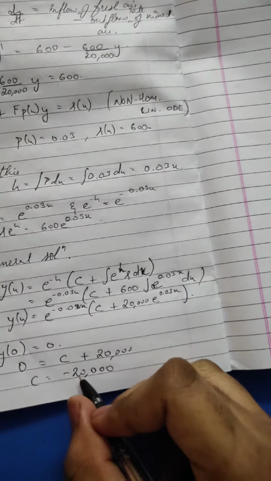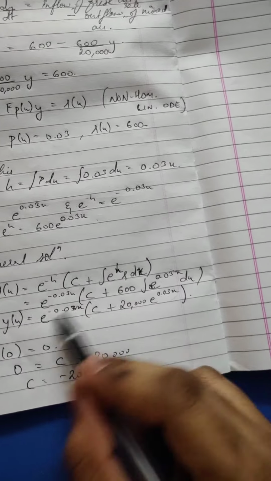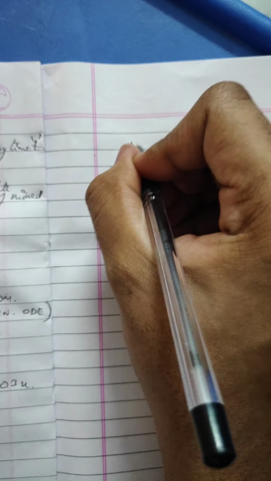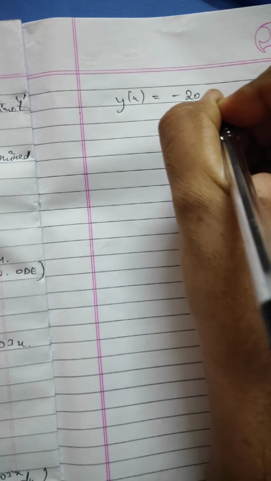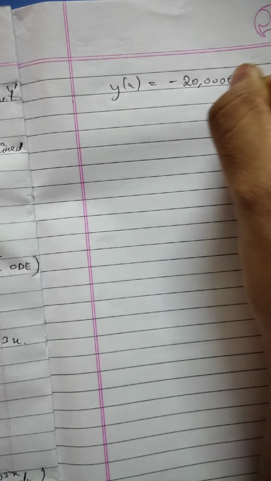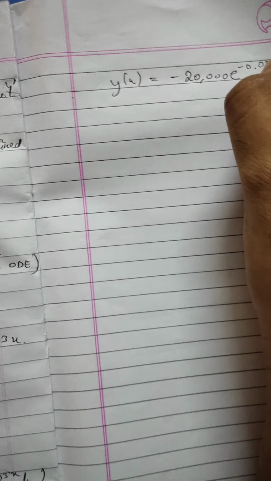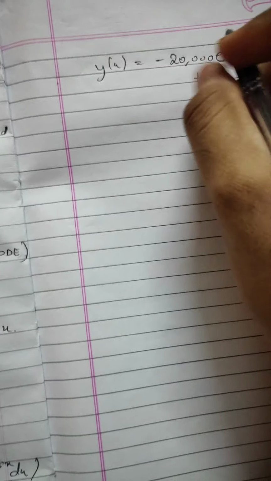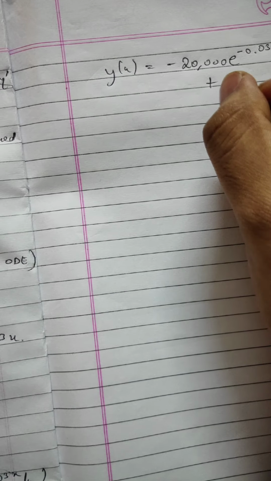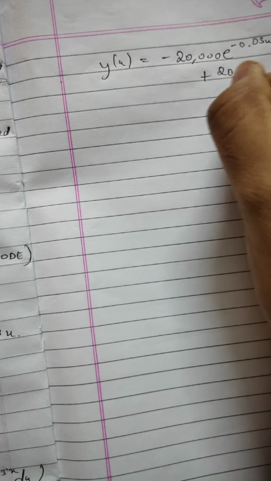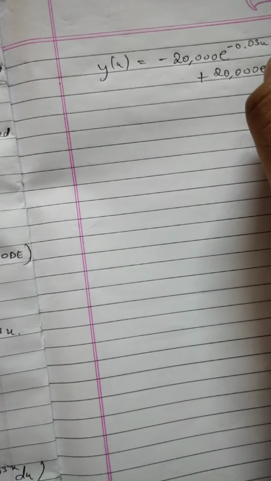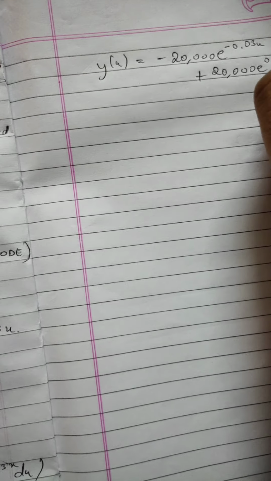Now when I put this minus 20,000 in the normal equation over here, I'll get y of x equals minus 20,000 into e power minus 0.03x plus 20,000 into e power 0.03x.